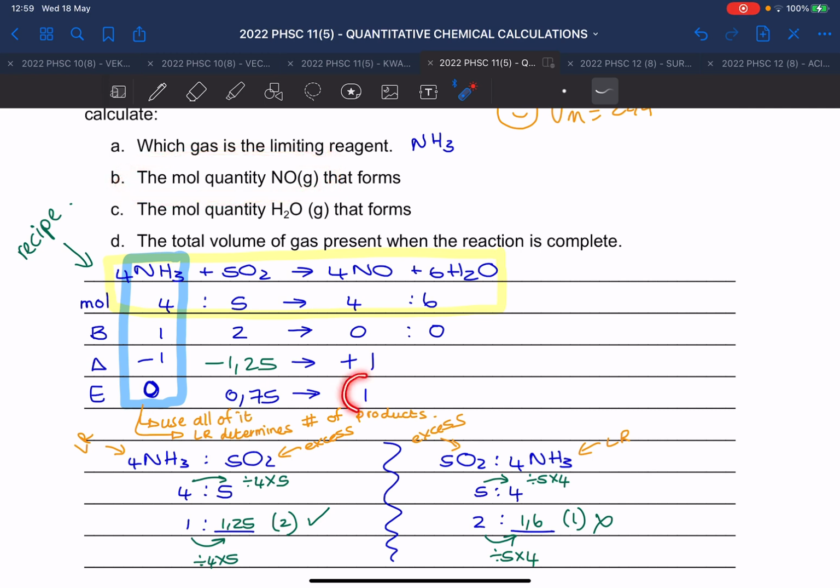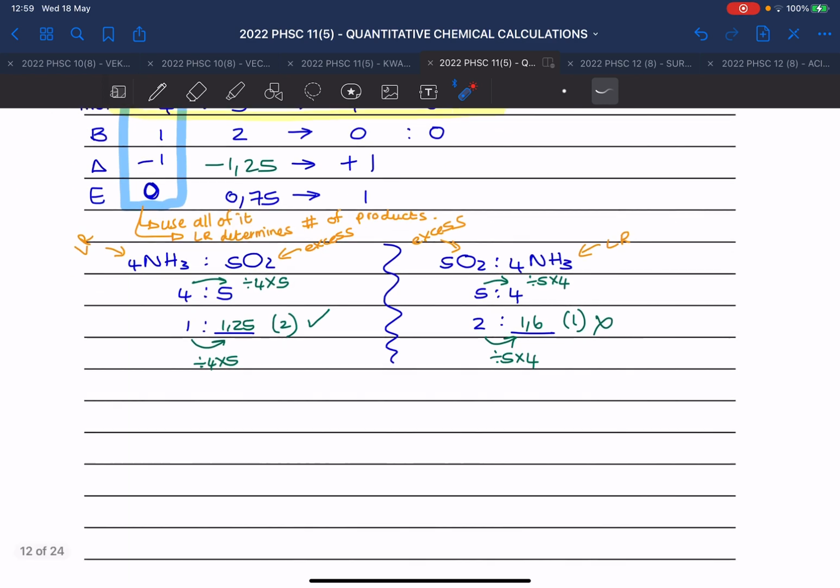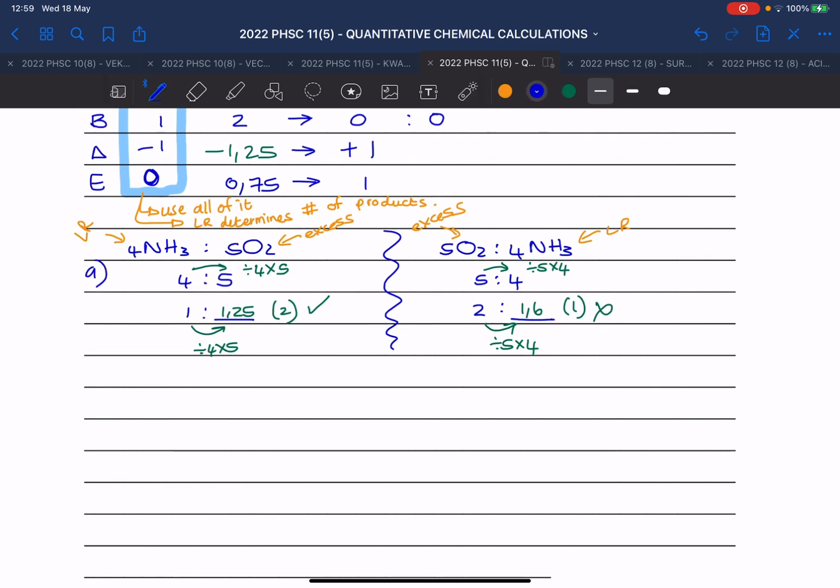So they want to know how much forms there. Now, if you do it in your table in grade 12, you're going to get about 7 marks for your table. In grade 11, you can either do it in your table or you can explain it. Since we've already done it there, so this was question A. As question B, you can just write, refer to the table, meaning, look there, I've done it in the table. And we got the mole of nitrogen monoxide to be 1 mole.